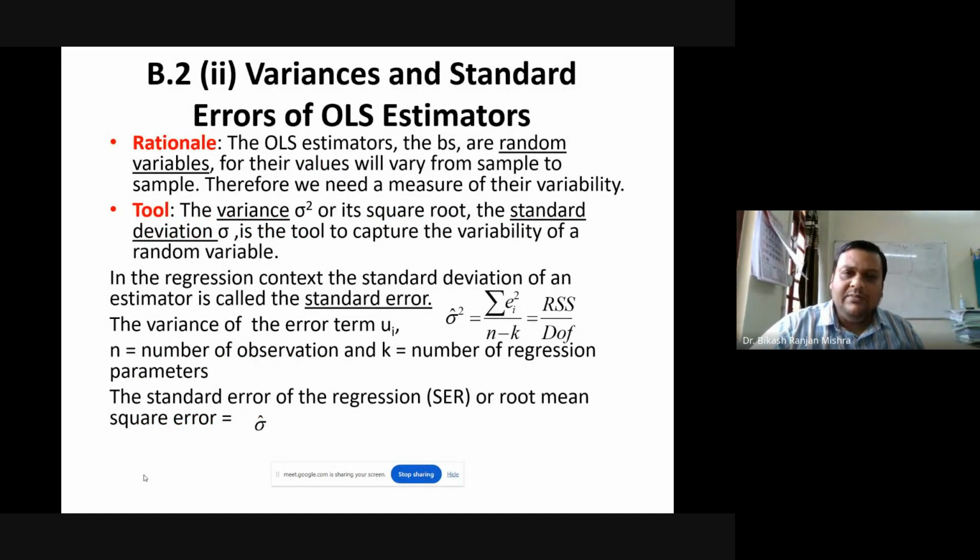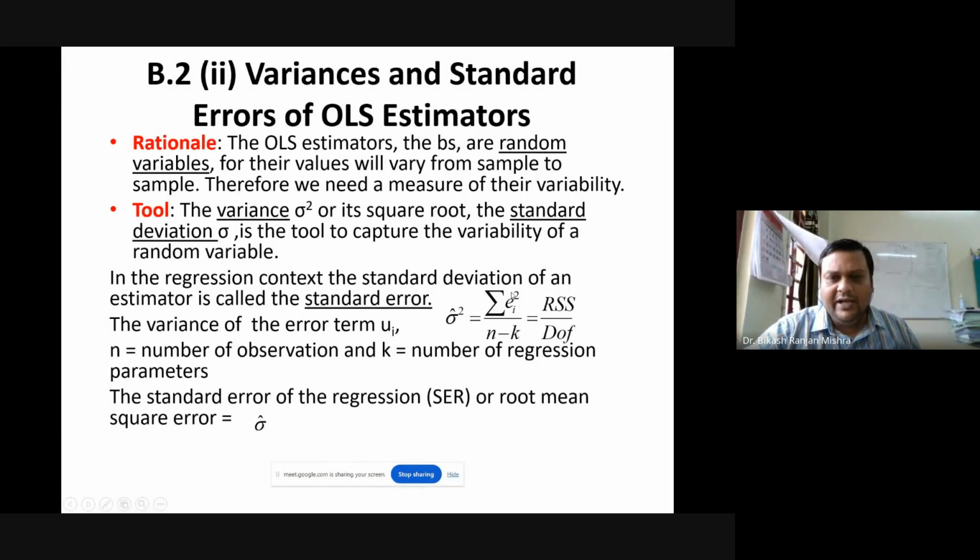Then there is another supporting base for our further analysis. We need to understand, for the estimators we have just discussed, the concept of variance and standard error. As you have seen previously, there is the concept of ESS.